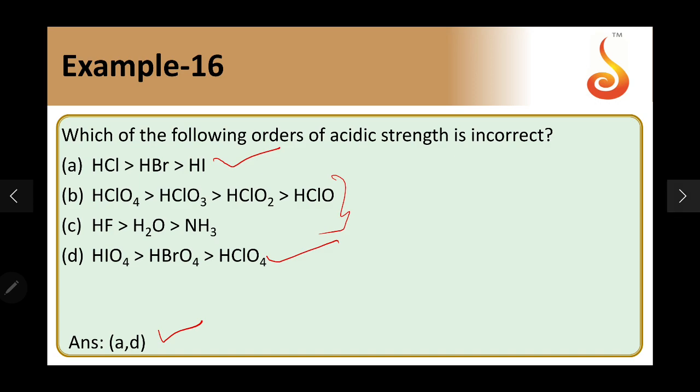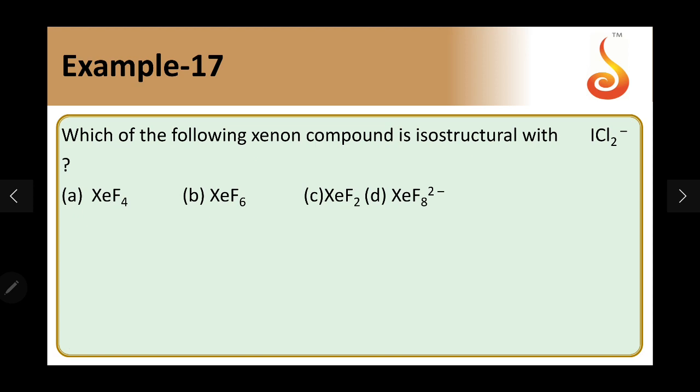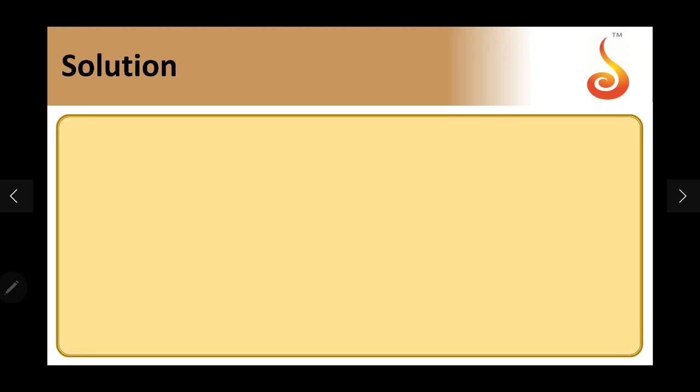Example 17. Which of the following xenon compounds is isostructural with ICl2 minus? ICl2 minus. So first we'll find out the hybridization. Iodine, the number of valence electrons is 7, plus 2 monovalent atoms, and the charge minus 1, so you have to add 1, divided by 2.